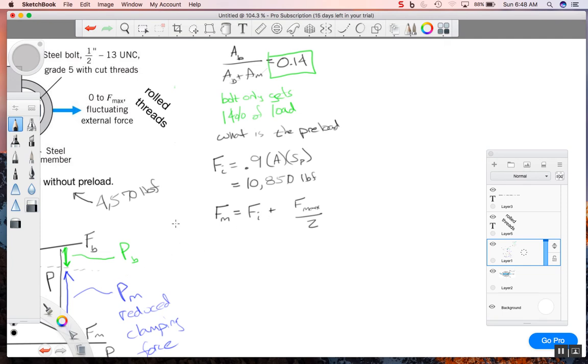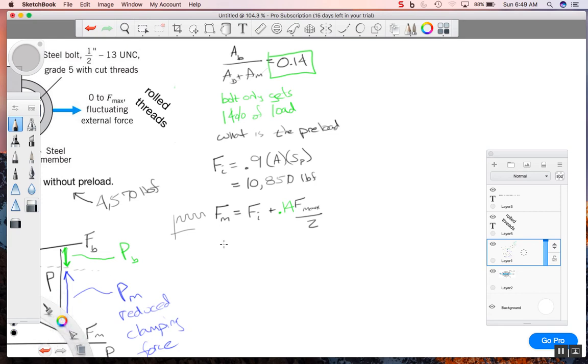Because it's going to look like this now. So this is my preload up here, and then I've got some alternating fraction of that. But I've got great news, right? And my great news is, I'm going to go back to green for this, it only gets 14% of this, right? All of the preload, but only 14% of that.